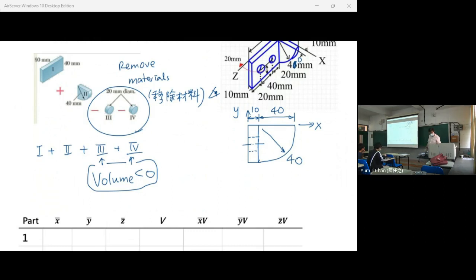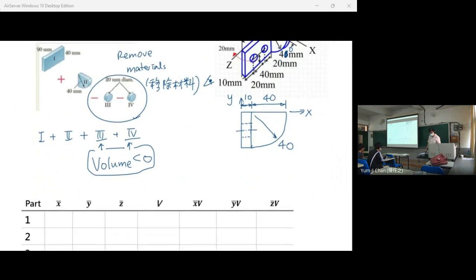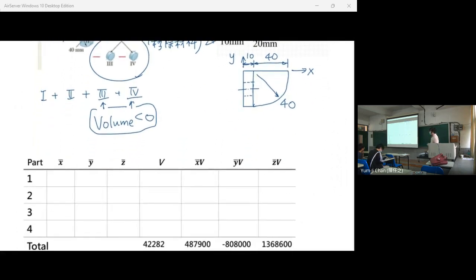And when we calculate the centroid of this shape, we usually draw a table like this. Because we remove materials, the volume will be smaller than 0. So please mark negative signs here first.